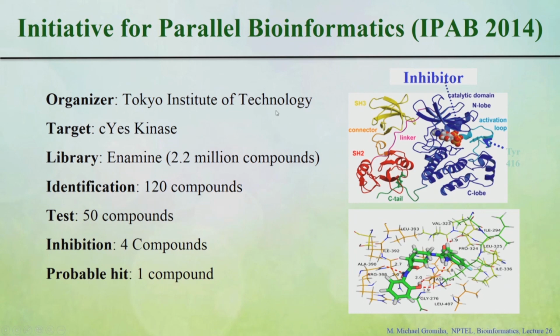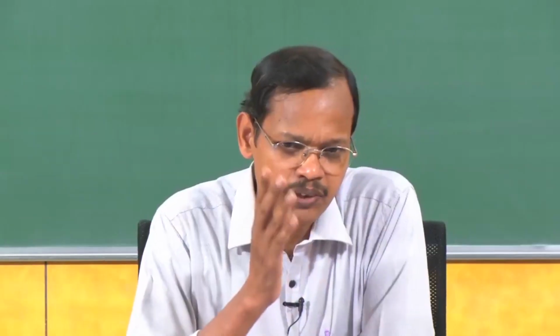So, Drug Institute of Technology, in 2014 they organized a competition, because there are several methods available for docking. For example, we discussed various software like AutoDock and Glide and many others. Likewise, there are hundreds of software available. Then there are different ways to get the probable compounds. So, it is very important to identify whether any method can potentially identify the probable compounds.